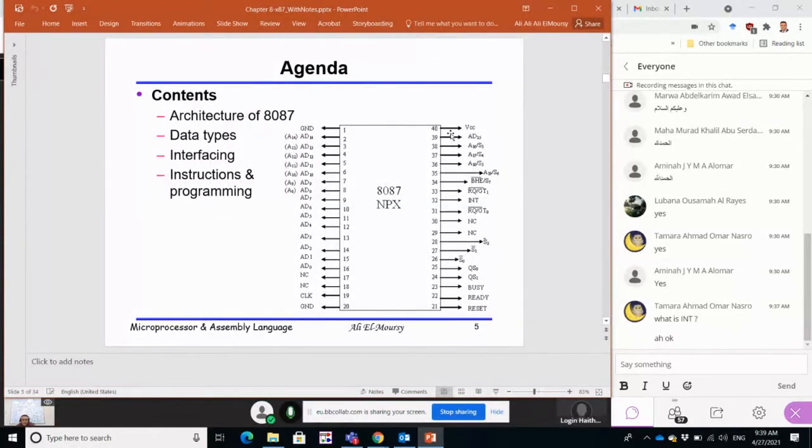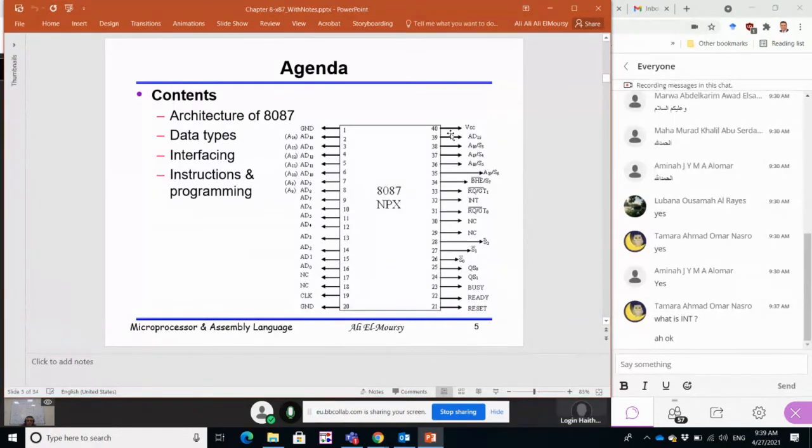This is actually the picture for the 8087, which at that time they called the NPX processor. We will not go into too much detail, but the layout of the chip here looks very similar to the layout of the 8086 that we may have explained before.